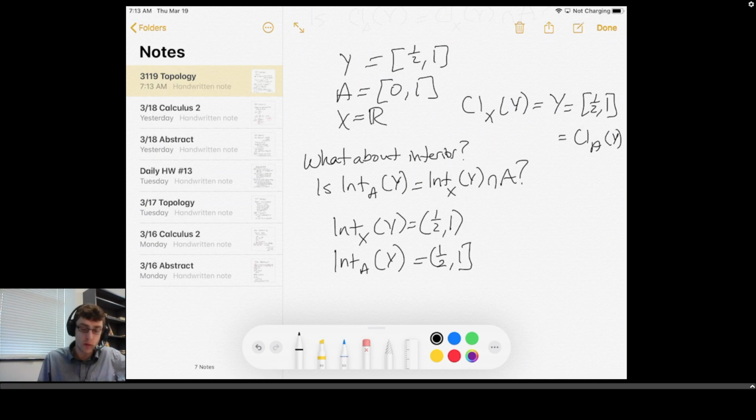Remember, we have like 1/2 3/2 is open in X, and you just intersect that with A with the standard topology.